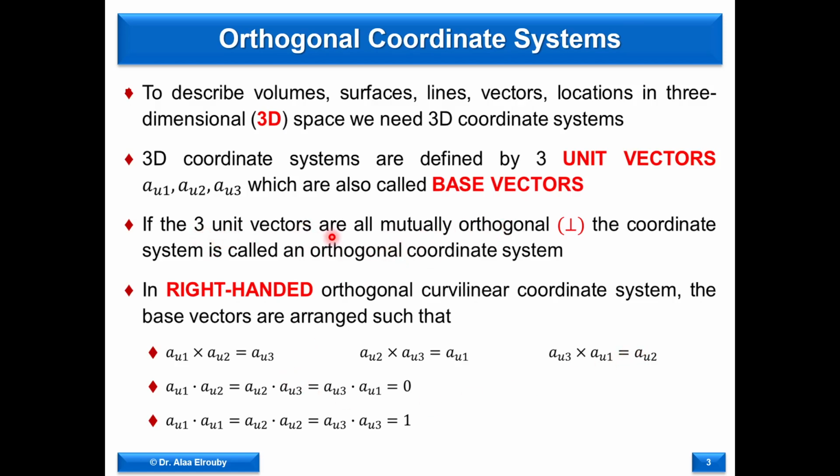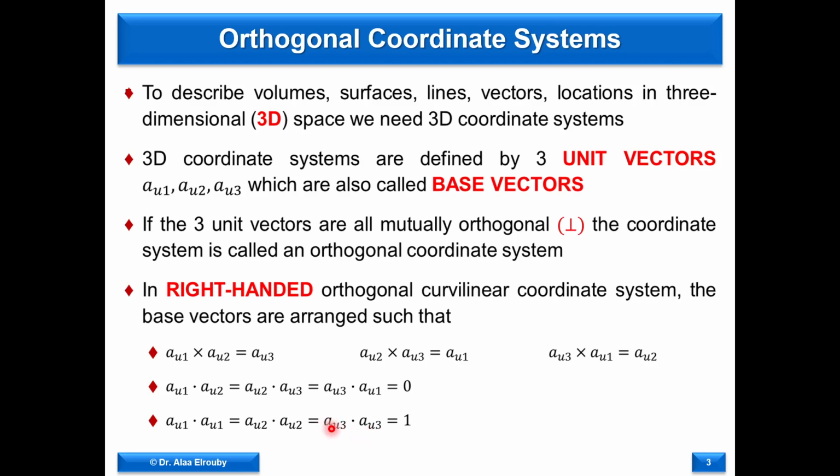Because they are orthogonal also, the dot product between any 2 vectors must be 0, because they are perpendicular. The angle between any 2 of them is 90 degrees, so the dot product is 0. Because they are unit vectors, their magnitude equals 1, and as we discussed in lecture 2, the magnitude square of any vector equals the dot product of the vector with itself.